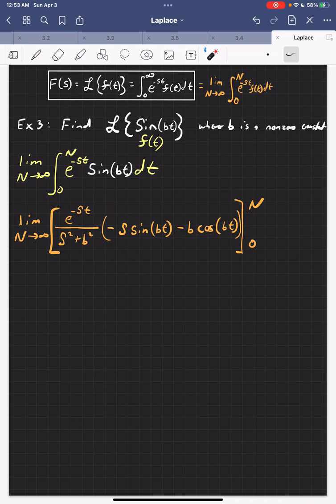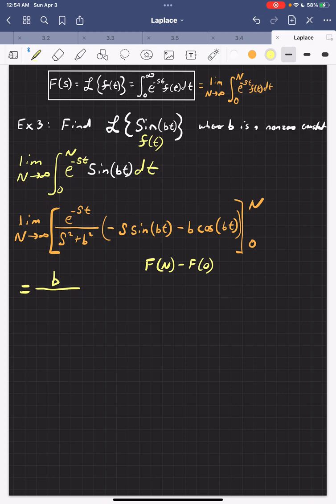At this stage, n is going to be inserted in for the t variable, as will 0. Now again, I don't want to waste a lot of time with this part, but I would encourage you, if you feel like you could benefit from some practice, try that f of n minus f of 0.